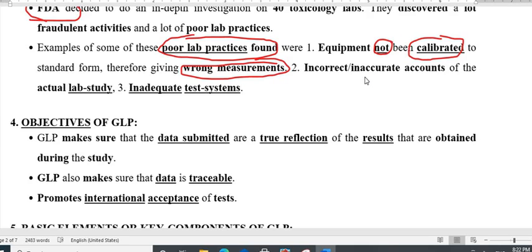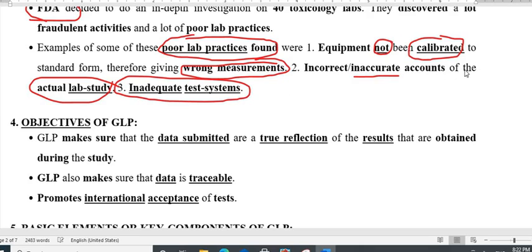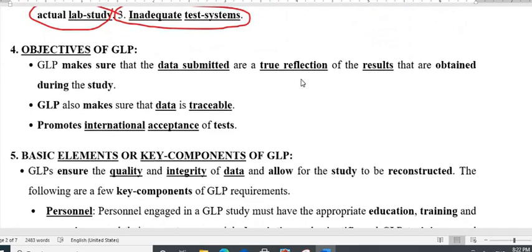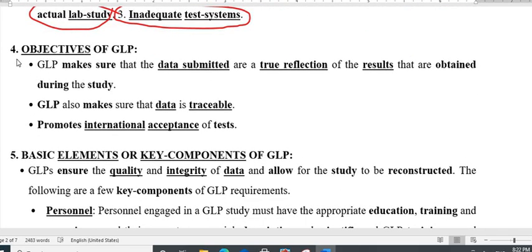Also, inaccurate lab study. This is very, very important. It was also found that the test system was inadequate. These are the problems of the poor lab practices found in the 1970s.